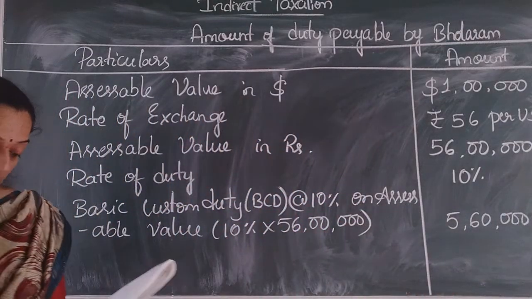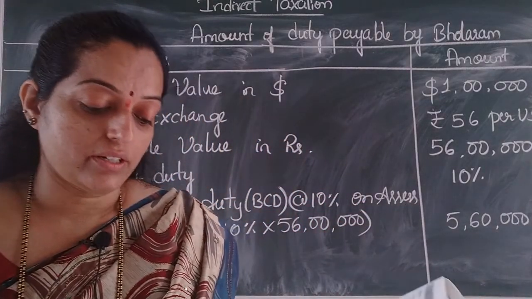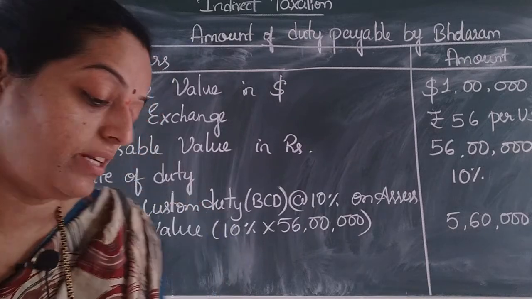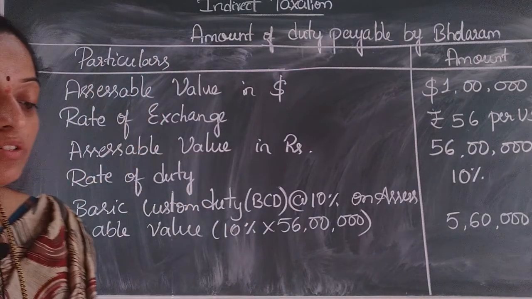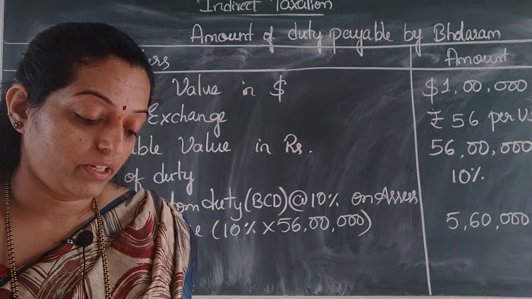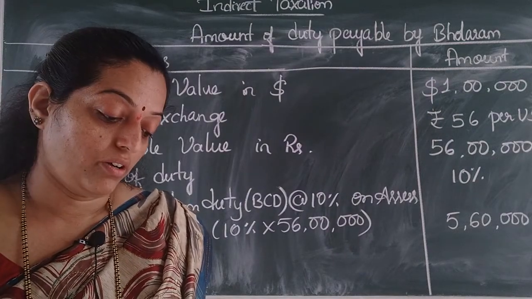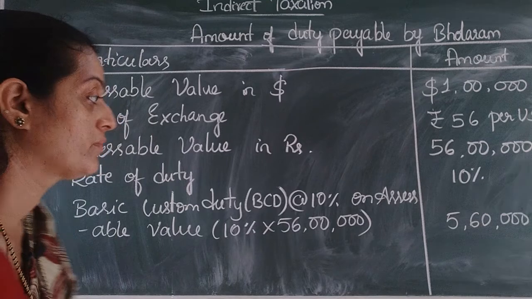5,60,000. Then social welfare surcharge is there, that is 10%. Even if they have not given it, you need to apply the social welfare surcharge.